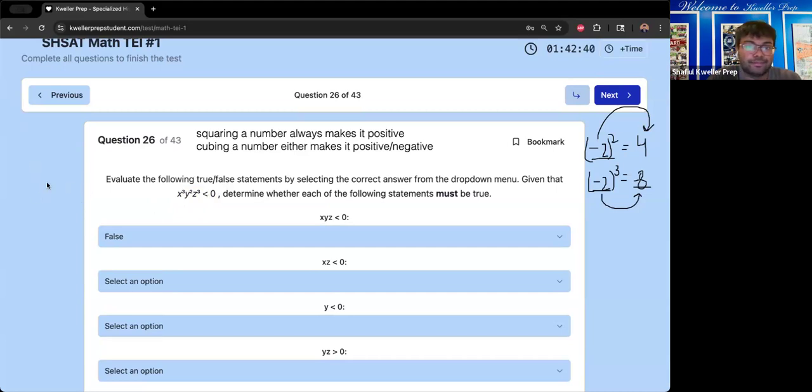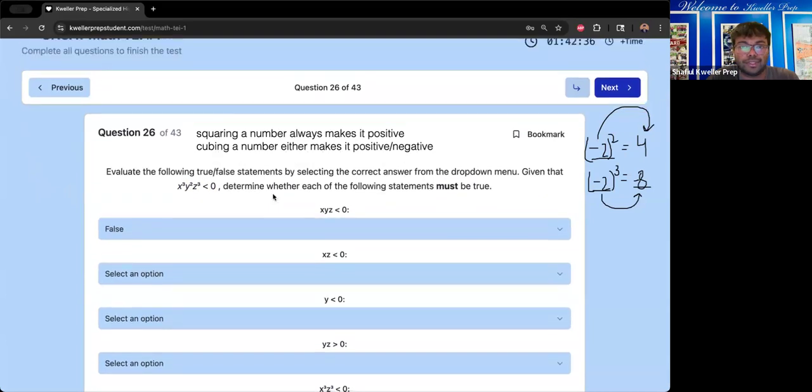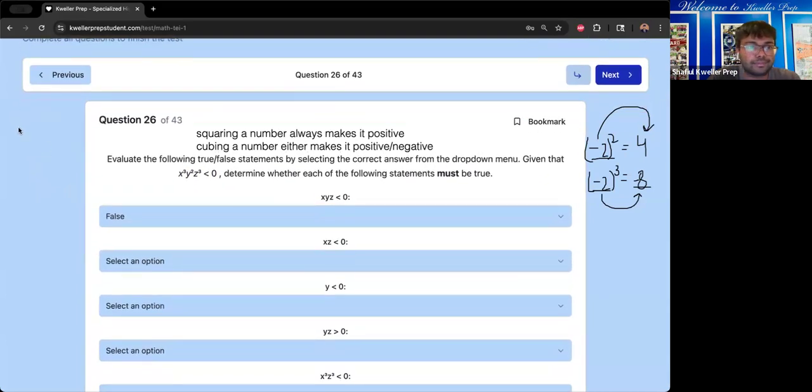We can just come up with example numbers just to do this one. Let's say x is -1, y can be positive or negative, right? So let's say y is -2, and then z is 1.